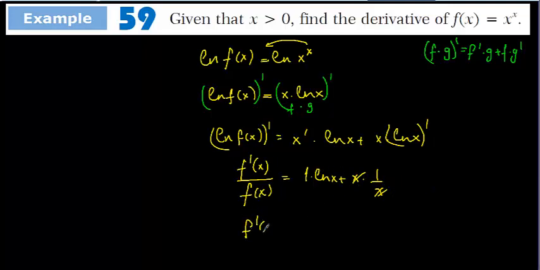F derivative x, I'm going to send this term to the other side now, is going to be equal to fx times, now I'm writing this part in the parenthesis, 1 times ln x is equal to ln x plus x times 1 over x. I simplified and I said it's equal to 1, so the expression becomes like this.